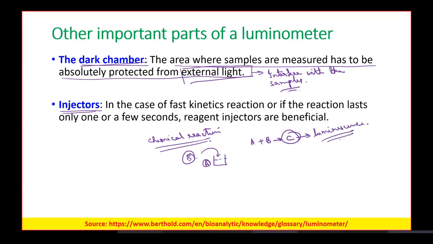But it is a very fast reaction and you want to catch the instant at which you are getting the information. So what you can do is have a computer control system where you have time on the x-axis. Then on the y-axis, you have intensity in relative light units.